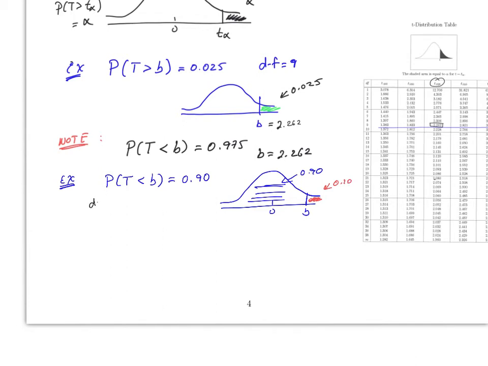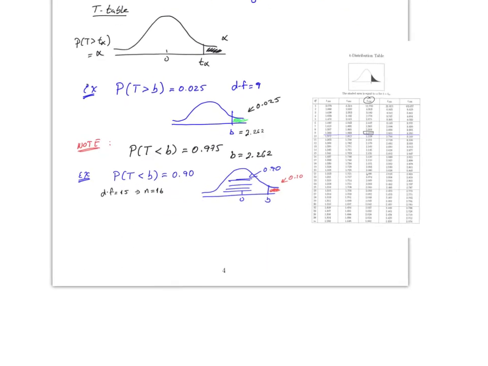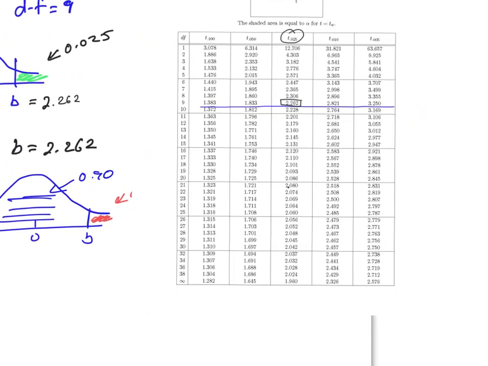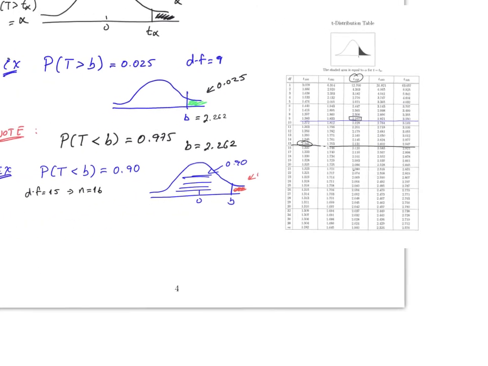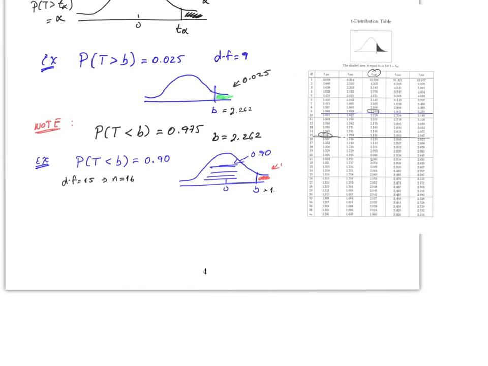Let's say that the degrees of freedom is equal to 15, which, remember, means that n was 16. Then just look to 15 degrees of freedom, which is this line right here. You want 0.10, which will be the very first column. That will be 1.341. So B is 1.341, and don't forget that this is essentially saying that T of 0.10 is equal to 1.341.